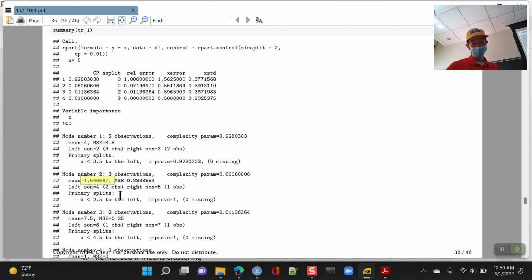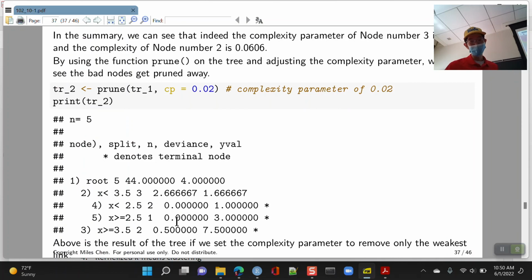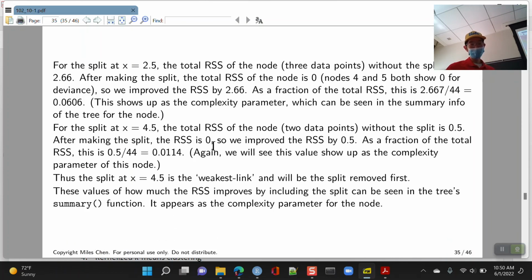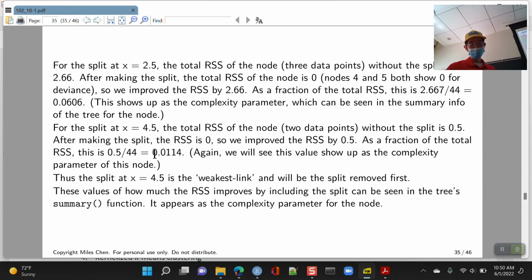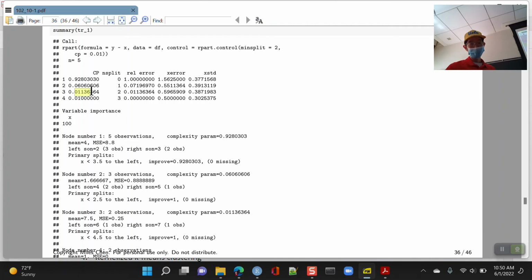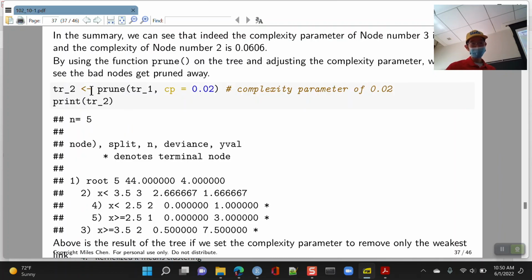Versus at node number 3, the complexity parameter is 0.011, and this is the weakest one, which we would remove. So we just have to pick any number that's bigger than this value of 0.011.